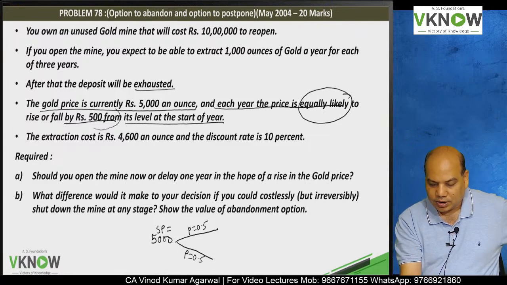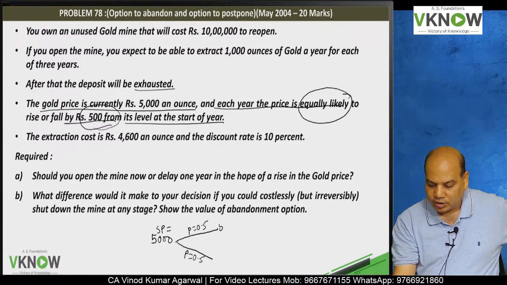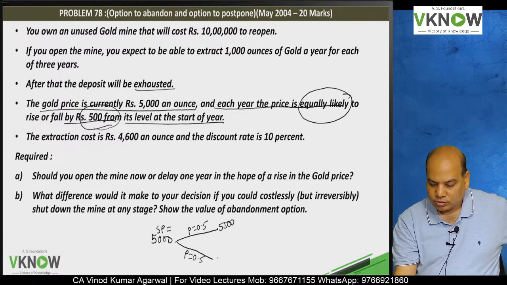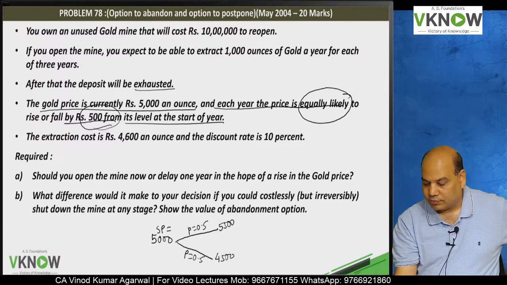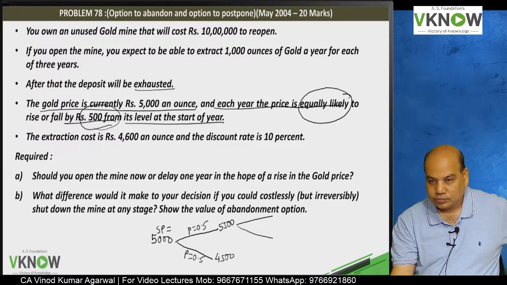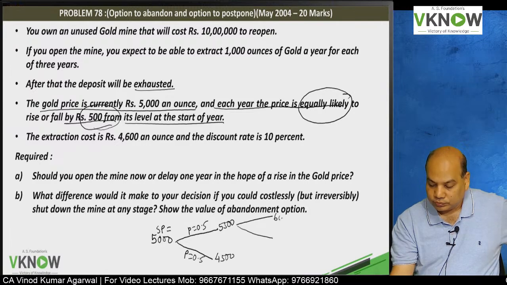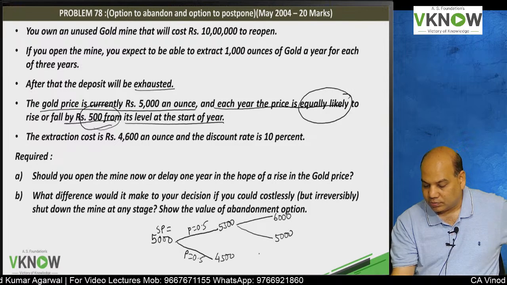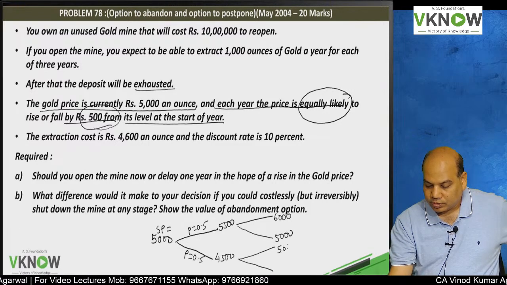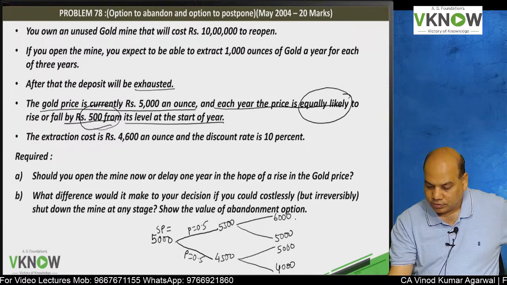The price can rise by 500, so the price will become 5500, or it can become 4500. If it is 5500, then in year 2 it can be 6000 or 5000. If it is 4500, then it can become 5000 or 4000.